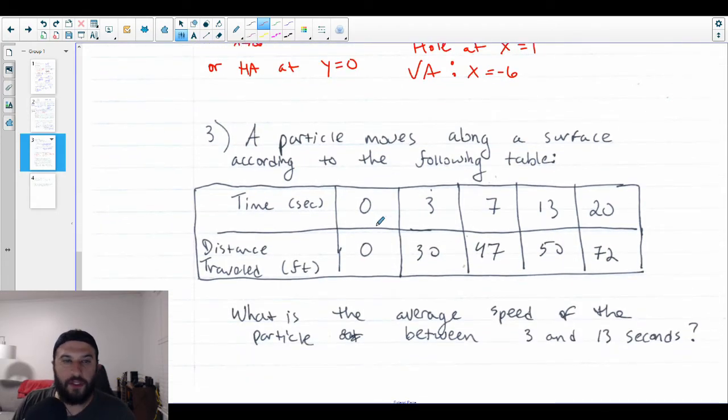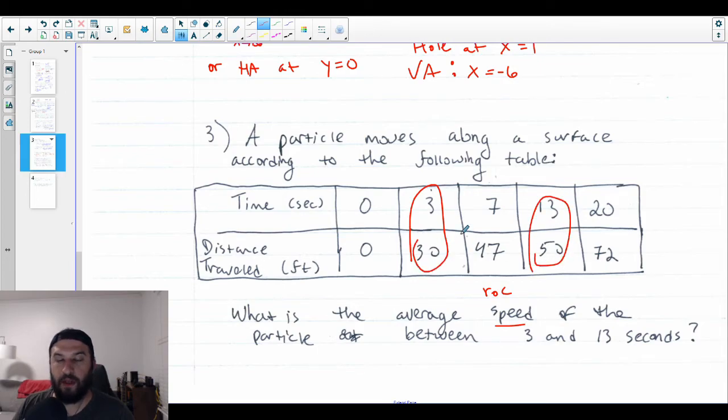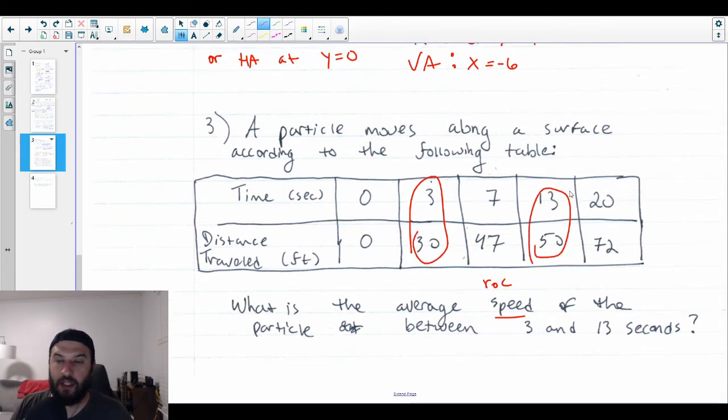Alright, particle moves along a surface according to the following table. What is the average speed of the particle? Speed, rate of change, between 3 and 13 seconds. So I only care about these 2 points, 3 and 13. Everything else is a distraction. Average speed, average rate of change, it's just slope, distance over time.